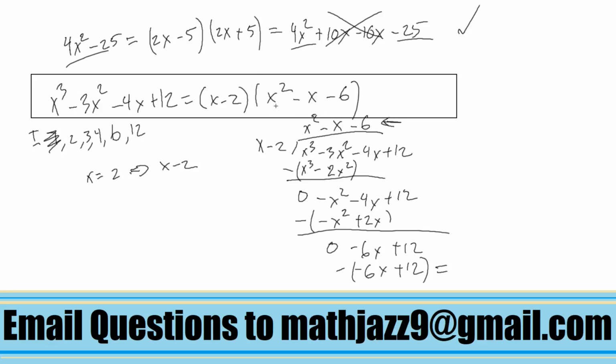So the rational roots theorem says that the possible roots are going to be factors of the constant divided by factors of the coefficient of the leading term. So the leading term's coefficient is still 1. The factors are only 1 then. And then the constant is equal to 6. So its factors are 1, 2, 3, and 6.